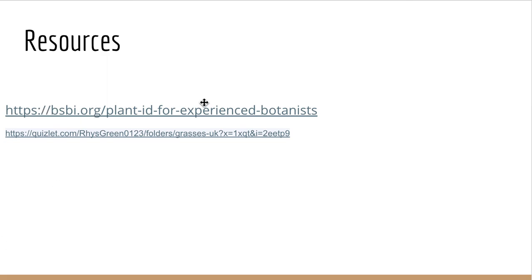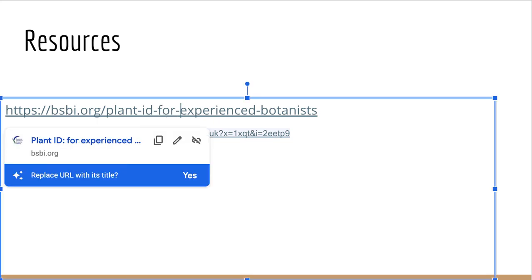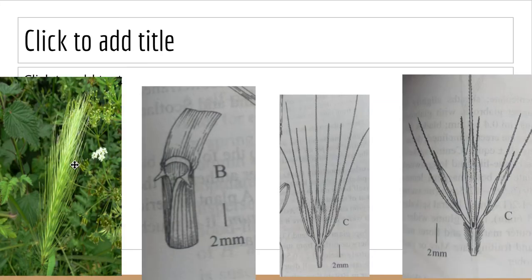BSBI is great for that. They do guides where they show you the ligule and the awns. They do pictures of the grass. They tell you how tall it is. For example, wall barley is 70 centimetres.